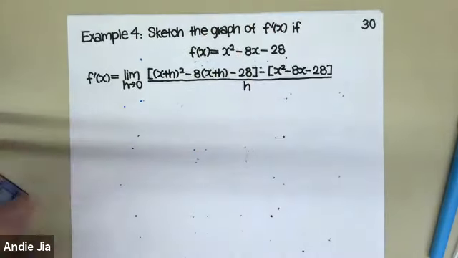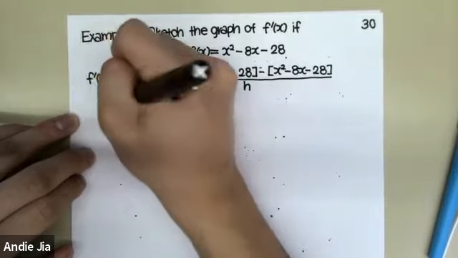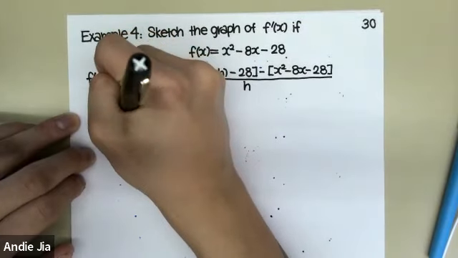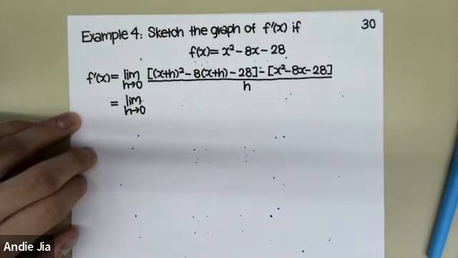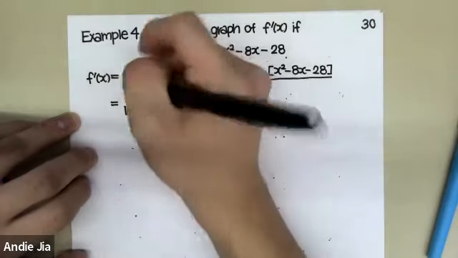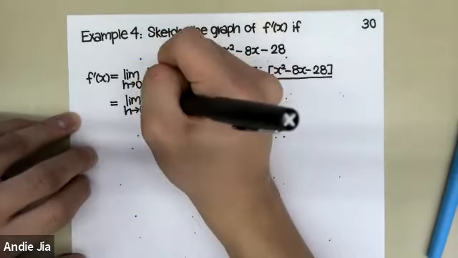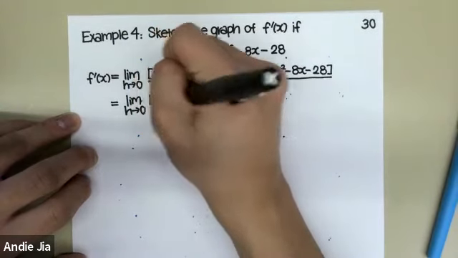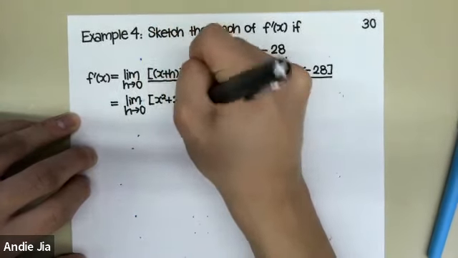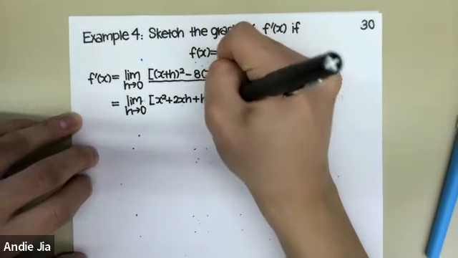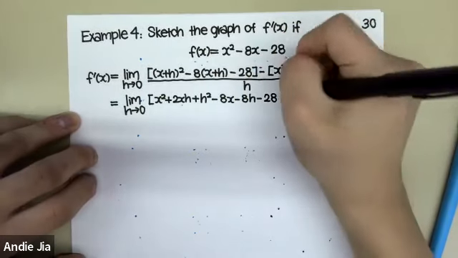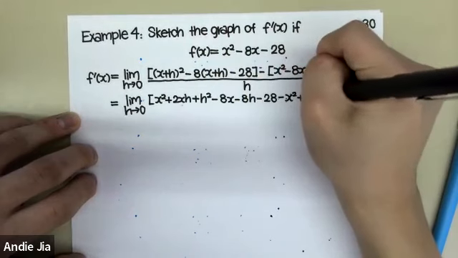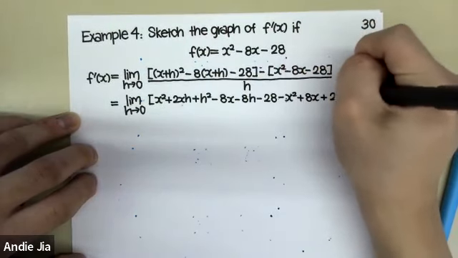over h. Wow, this is long, but it's unavoidable. I'm sorry, guys. I know you want to use derivative rules, but there's nothing you can change about it. I apologize for it. Minus x squared plus 8x plus 28.